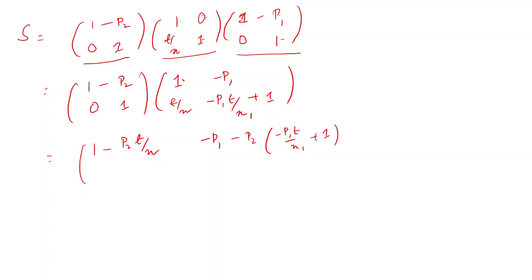Then I would have 0 here plus T by n. Here I have T by n, and same thing here, minus P1 T by n plus 1, right? Sorry, I have been writing n1. There is only one refractive index. The other one we are considering to be air, so n is the refractive index of the lens itself. So that is not n1, that's n. So there we go. So this is the system matrix.